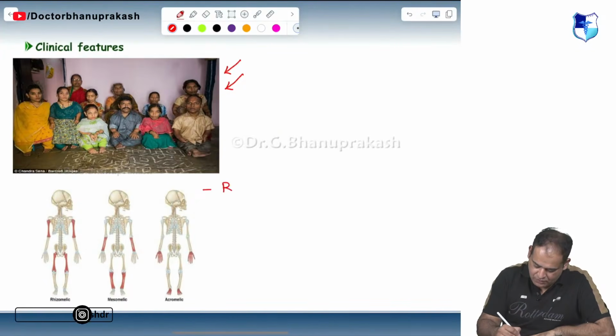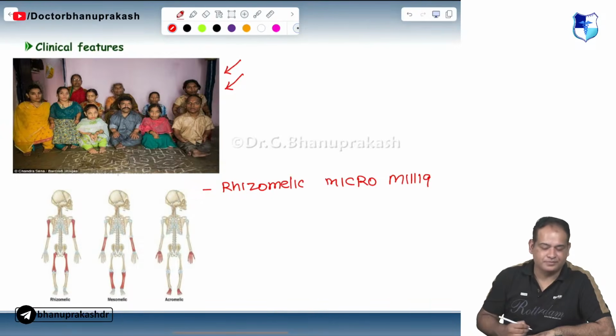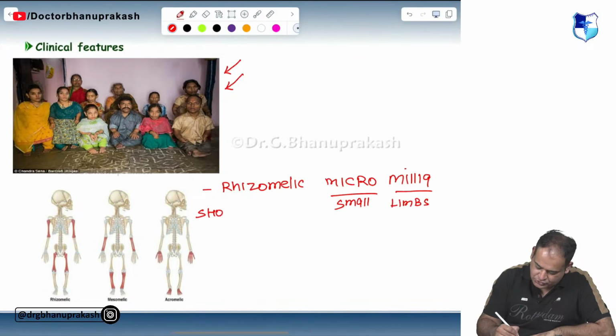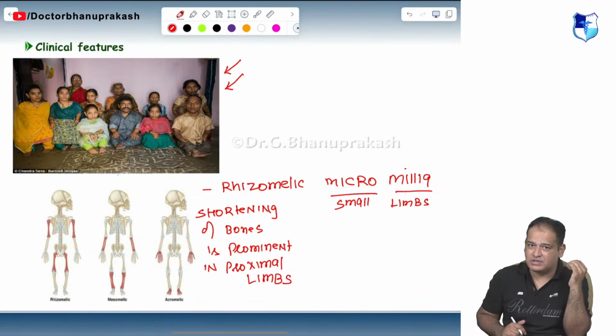Now here, what is the characteristic clinical feature? Rhizomelic micromelia. Melia or milia, whatever you want to write. Micro means small, melia pertains to the limbs. And rhizomelic means shortening of the bones is prominent in proximal limbs, the proximal bones.